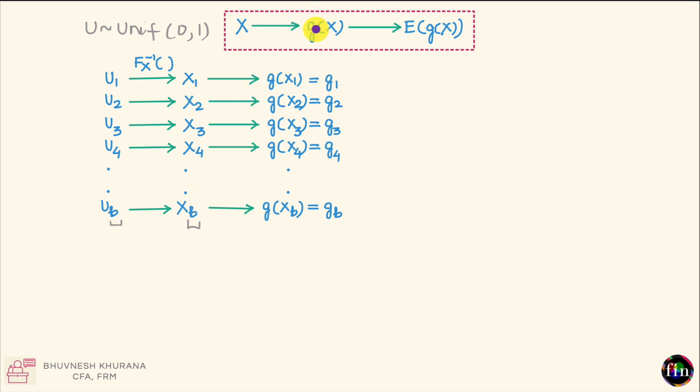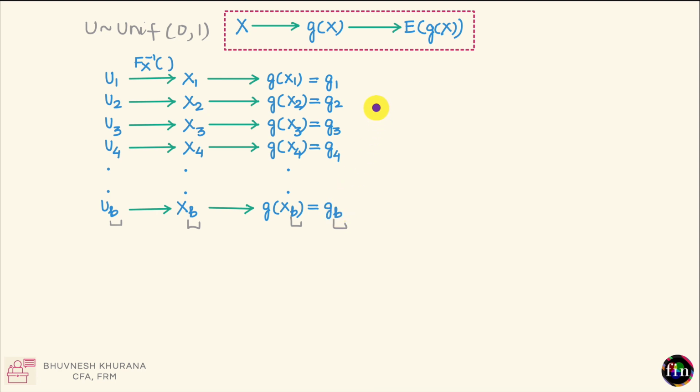The next step will be to individually pass each of these values of x through the function definition g, and this will give us these many simulated values for g of x. To keep our notation simple, let's denote each of these simulated values for g of x as g1, g2, all the way till gb.